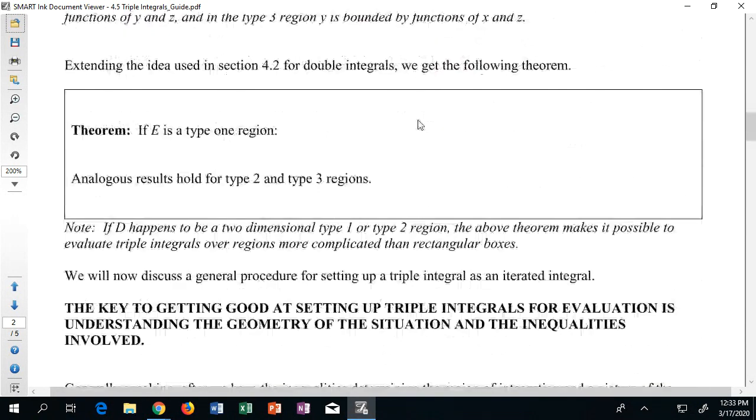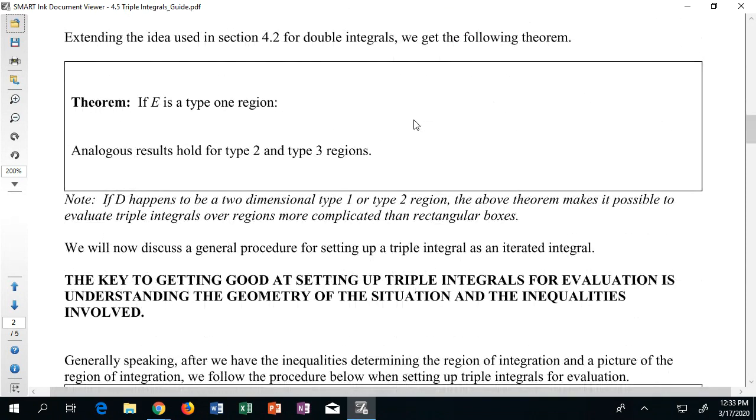Okay. We can go ahead here and deal with a really nice theorem that extends ideas from 4.2. If E is a type 1 region, then when I'm attempting to do a triple integral over E with my function, I can set that up as a double integral over D, thinking of the floor again, the region that I can work with.